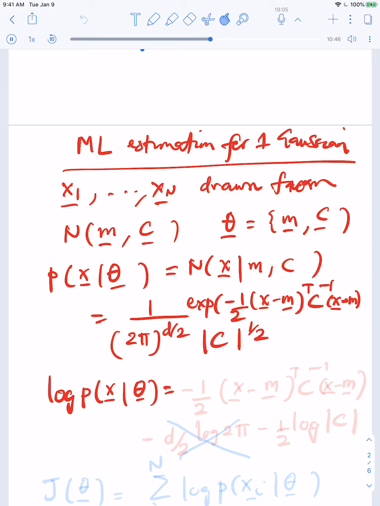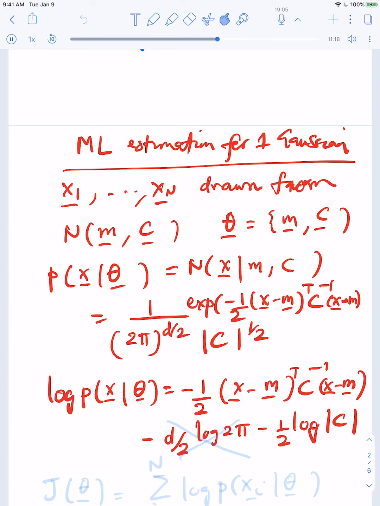That is going to be, let me get the exponential term first, minus half (x minus m) transpose C inverse (x minus m), minus d over 2 times log 2 pi, minus half log of the determinant of C, right?